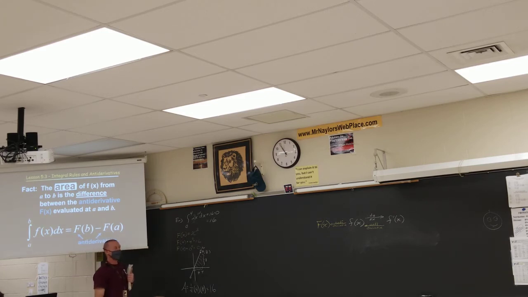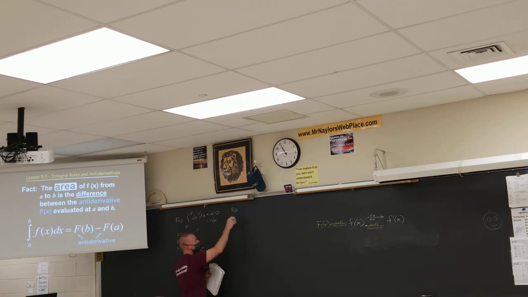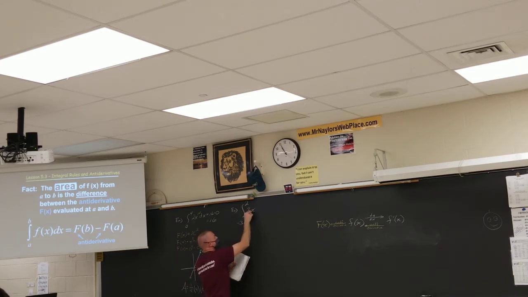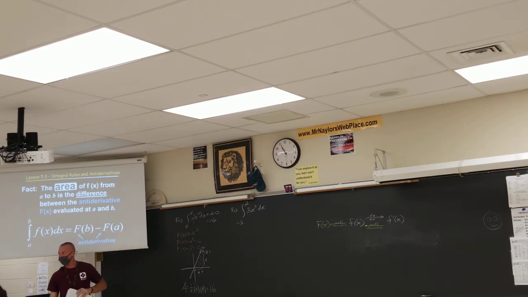Now, antiderivatives can particularly come in handy when we start to have shapes that aren't just nice little triangles, nice little rectangles, even nice little circles. What if we have a shape that's some type of curved line?